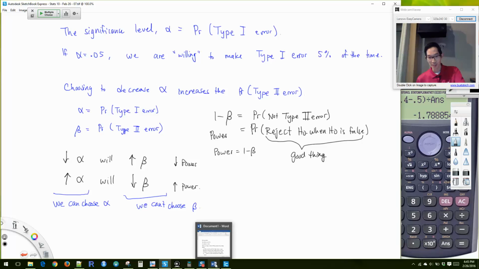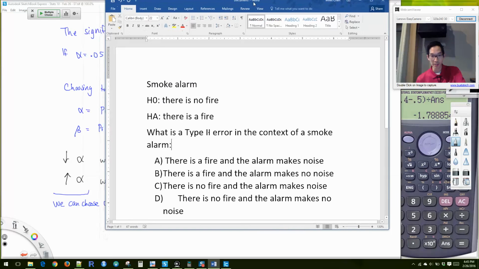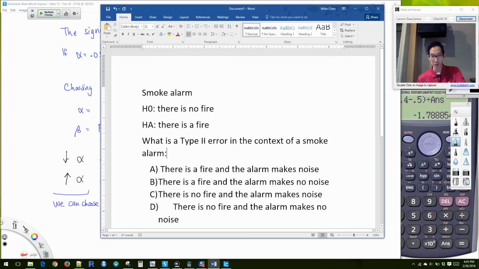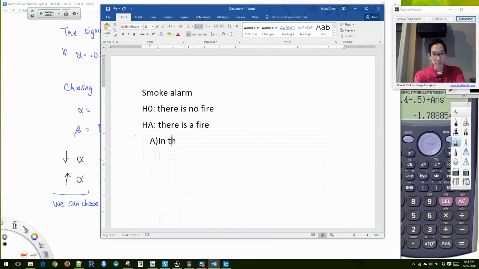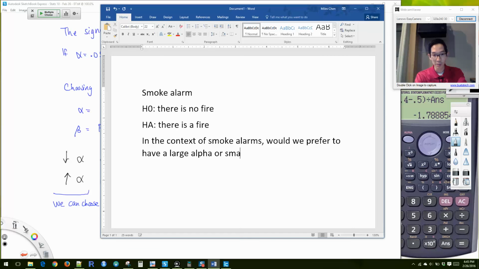So let's come back here, and in the context of smoke alarms, would we prefer to have a large alpha or small alpha?